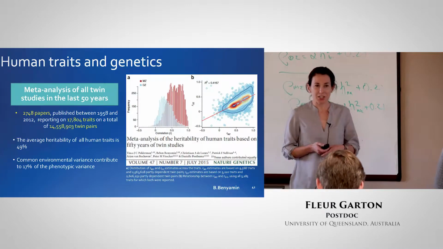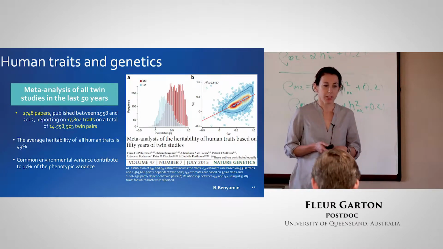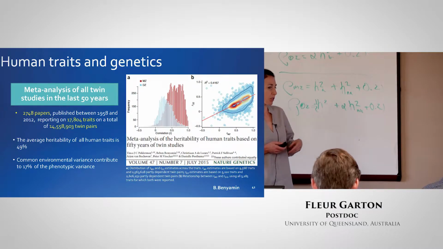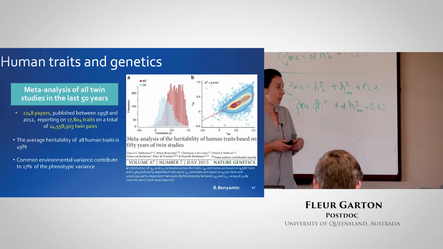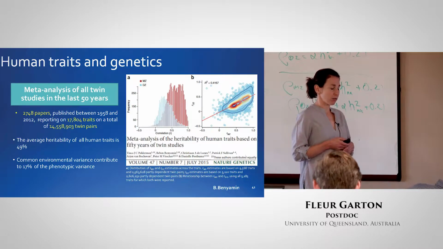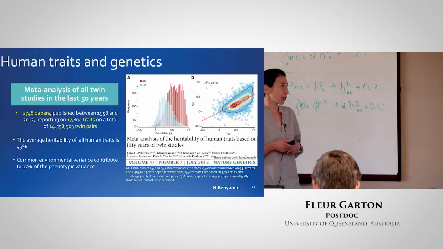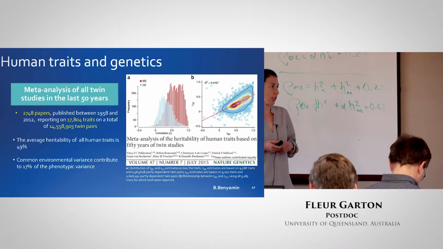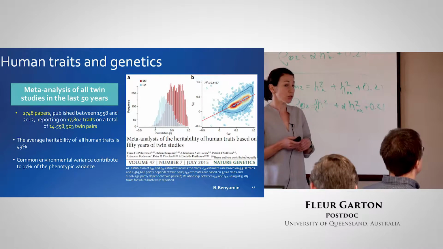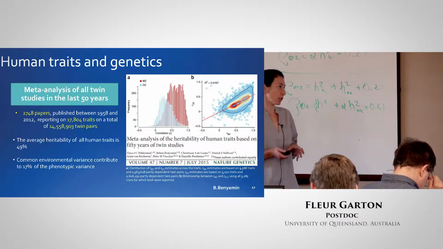You saw this slide yesterday from David. It also had involvement from Beben and also Peter in our lab. This is a meta-analysis of all twin studies in the last 50 years, and it's a huge data set that you guys can utilize.